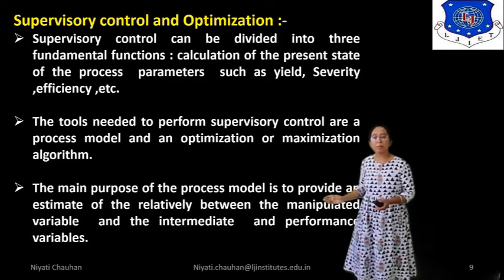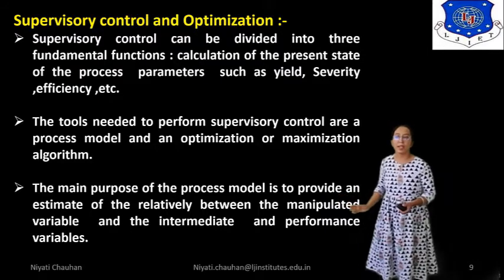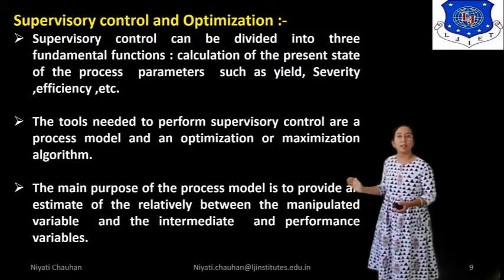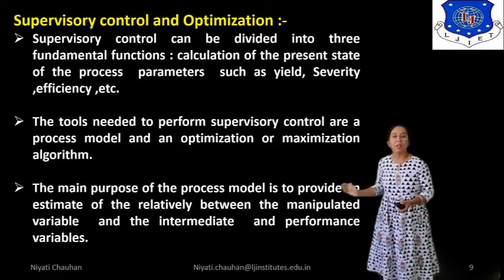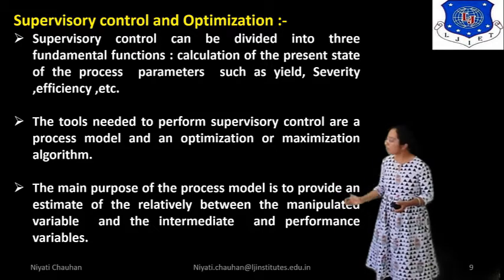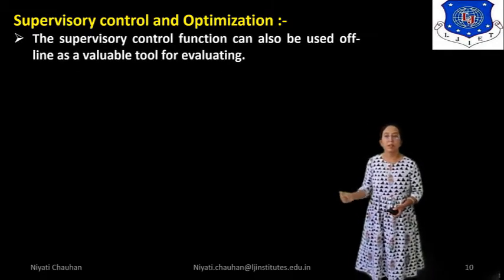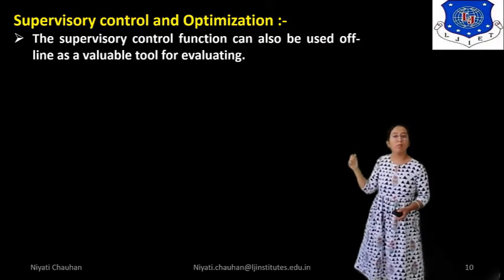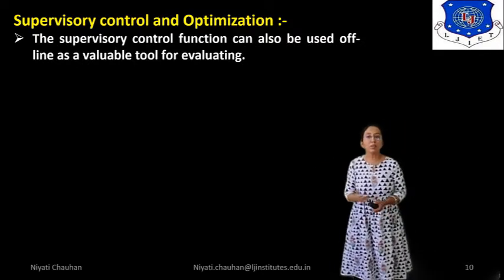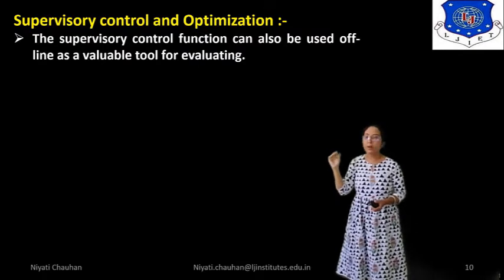The main purpose of the process model is to provide an estimate of the relationship between the manipulated variable and the intermediate and performance variables. The supervisory control function can also be used offline as a valuable tool for evaluating.